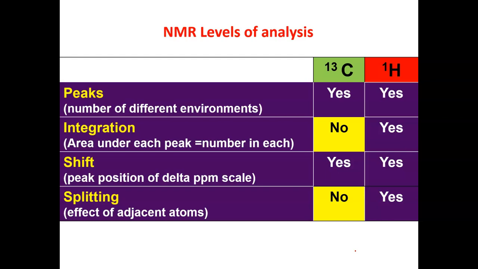The first of these is known as integration, and this is very simply, we get the computer to measure the area under each peak, and that tells us either directly or relatively the number of protons in each environment, which is a very handy thing when it comes to differentiating between methyl or methylene or aldehyde or different hydrogen groups.